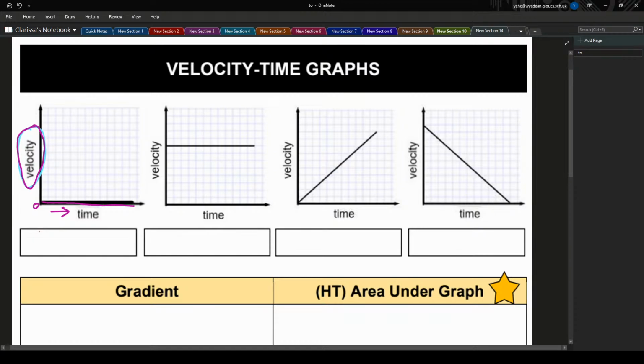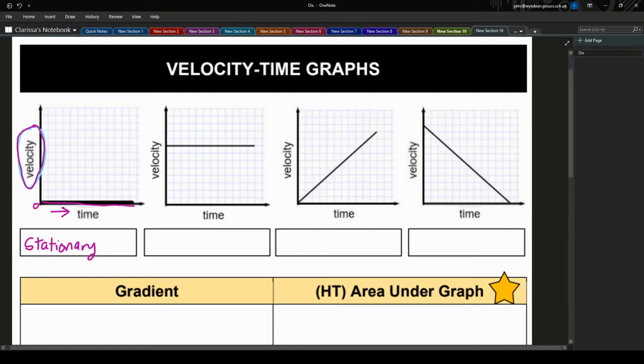Velocity staying at 0 over time. Well, the object would be stationary, because it's at 0 velocity over time, meaning it's not going anywhere, meaning it has no speed or velocity, so it's going to be stationary.